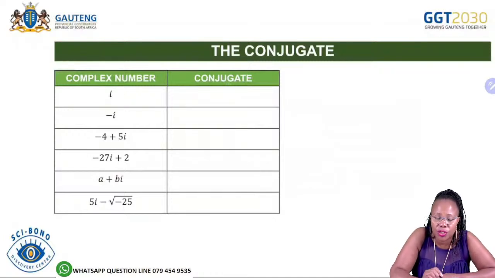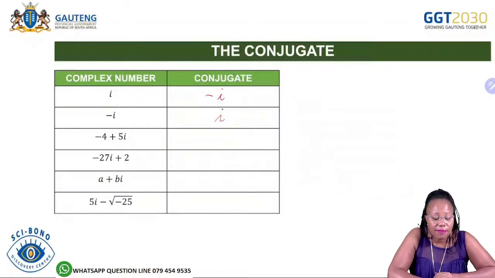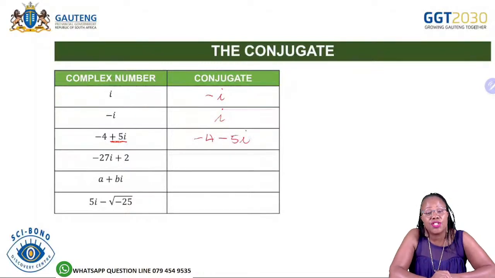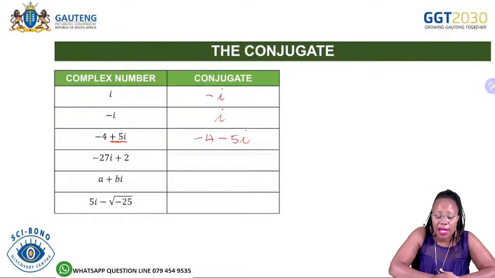So to be a conjugate, it will be negative i. You change the sign. And then we have negative i here. In order to be a conjugate, this must be a positive i. And then we have minus 4 plus 5i, which is your complex number. Our focus will only be on the bi part. That bi is positive, therefore the conjugate of this will be minus 4 minus 5i. The only sign that is changing is the bi part.